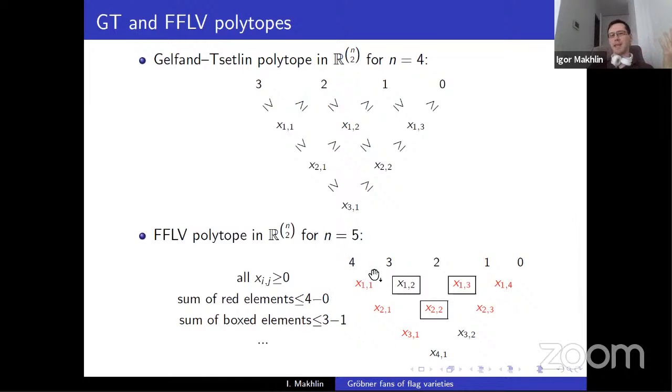Once again, it lives in the real space of the same dimension, and the coordinates live in a number triangle.